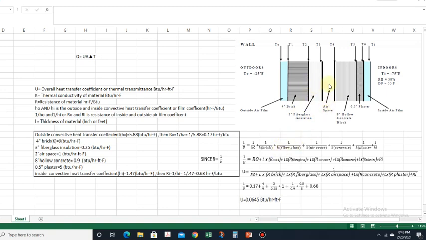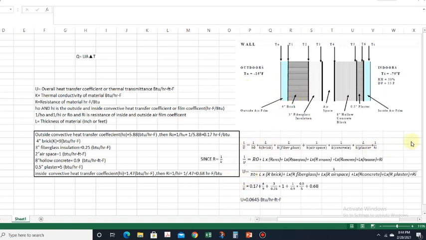Same, we have air space. For this air space, we don't have to consider the length, so we have a value for the air space, that is the same for all, that will be 1 BTU per hour feet Fahrenheit. Like this, we have to find the thermal conductivity of the material, and here I took an example.